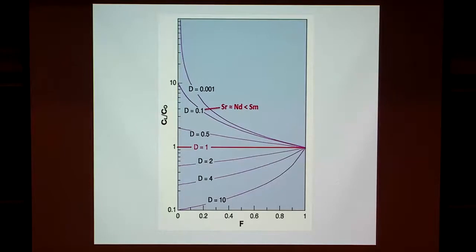Now, this is the trick with this isotope system: you don't fractionate parent and daughter very much. Parent and daughter are both incompatible, but their incompatibilities are very similar, their partition coefficients are very similar. Neodymium, though, is slightly more incompatible than samarium.